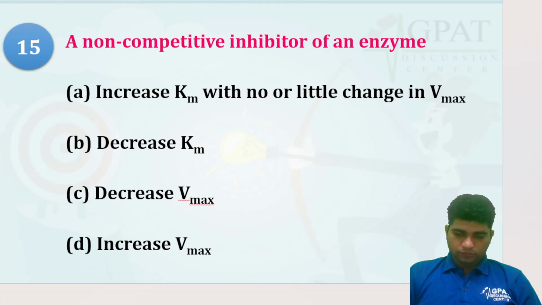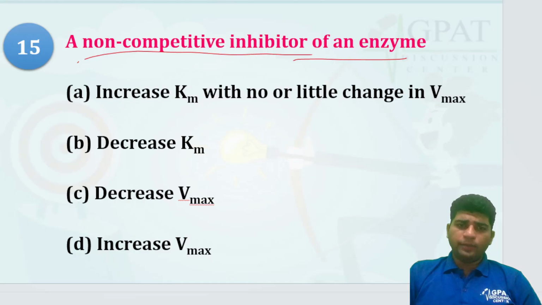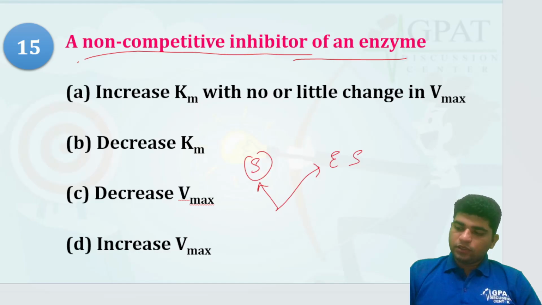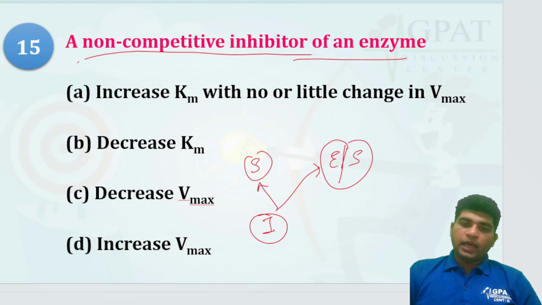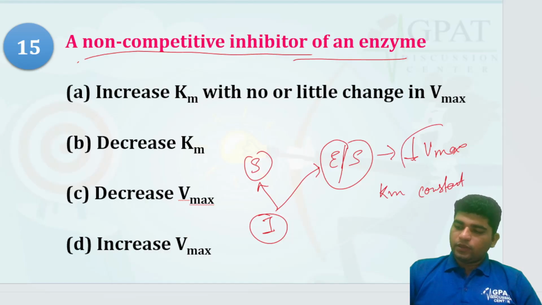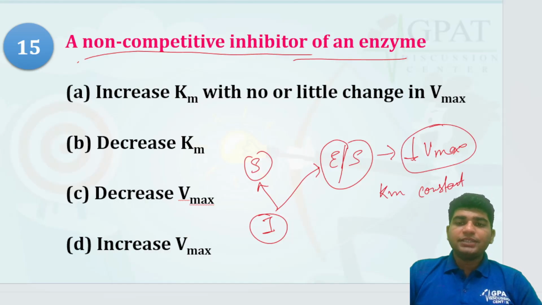Okay. So, a non-competitive inhibitor of an enzyme will do what? A non-competitive inhibitor acts onto the free enzyme and also onto the enzyme substrate complex, isn't it? So this is the inhibitor, and it leads to a decrease in Vmax but a constant Km. A decrease in Vmax signifies a decrease in enzyme activity.